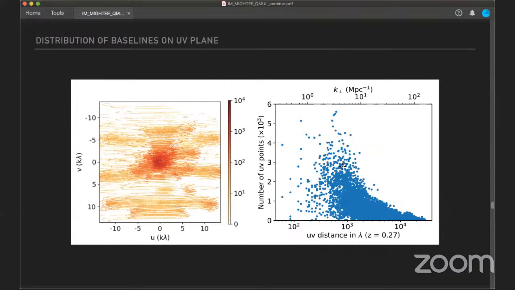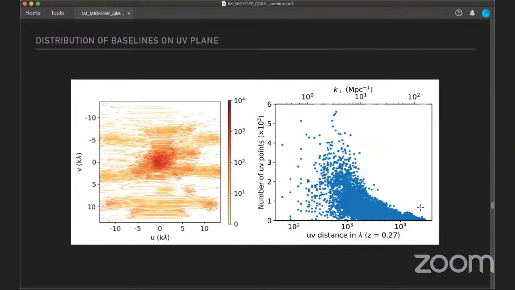The plot on the right shows the same thing, but in a 1D way. On the x-axis, we plot the UV distance from the center, and the number of UV points is shown on the y-axis. So you see that we have higher population, or higher density, of UV points at small UV distance, and it sort of falls off at higher UV values.